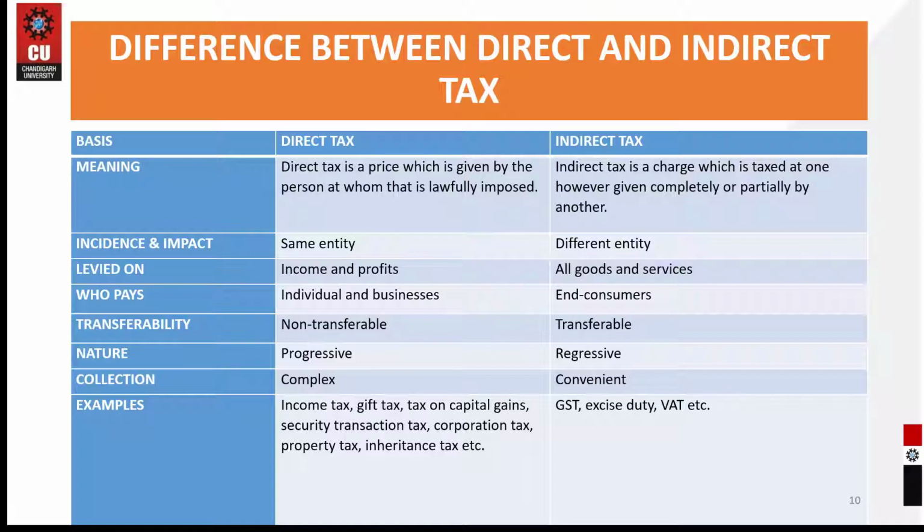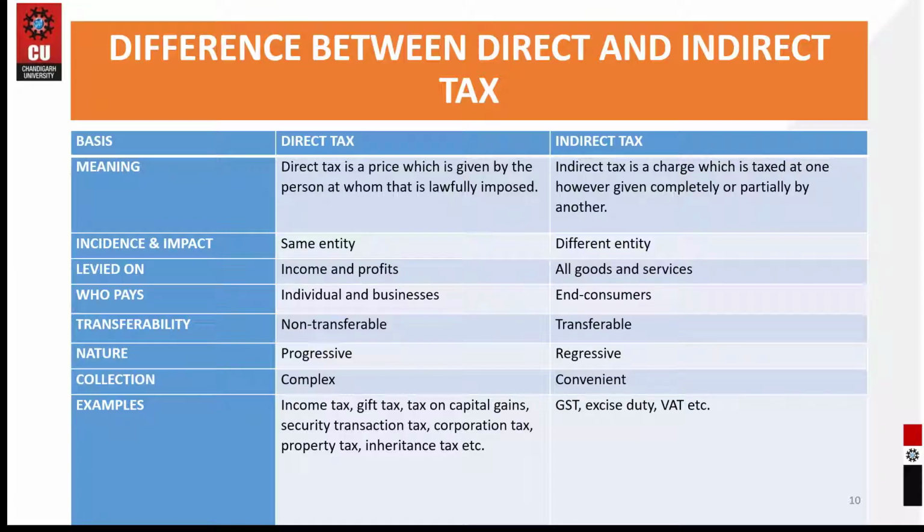Now let us talk about the incidence and impact of direct and indirect tax. As far as direct tax is concerned, the incidence and impact lie on the same entity, the same person, the same organization. Incidence means the person on whom tax is levied, the person on whom tax is imposed, whereas impact means on whom the burden of tax lies.